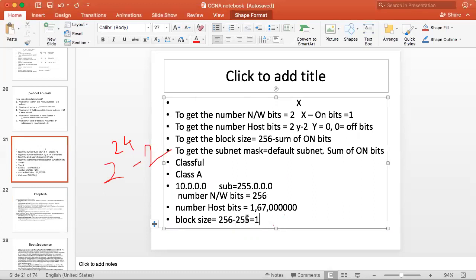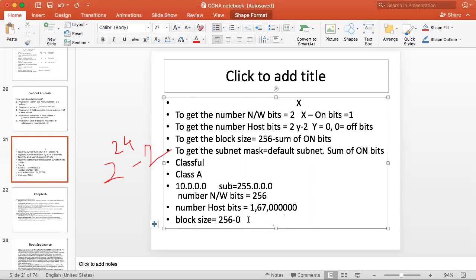I'm sorry, no, not here. As of now, the block size we will get is 0, because as of now the sum of on bits we are only getting in the network portion. We are not getting it in the host portion.